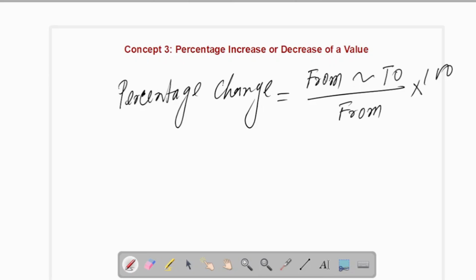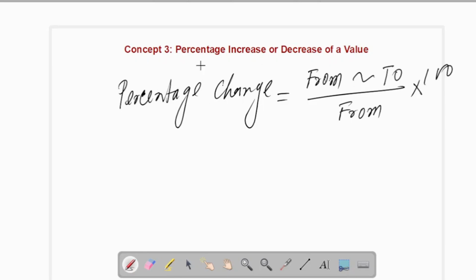Now, from is the value from which the change is happening, and to is the value to which change has happened. If the from value is less than the to value, it is certainly the percentage increase. If the from value is more than the to value, it is certainly the percentage decrease.